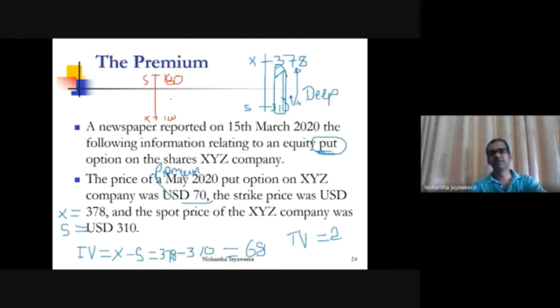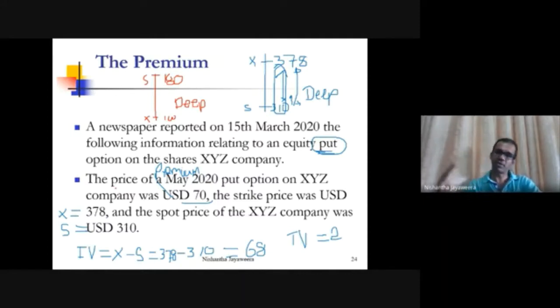Whether a difference of 80 is far away or not depends on the market movements or the price volatility. However, if we think this is a substantial deviation from the strike price, then we can say this is a deep in the money option. It can be a put or it can be a call. If the price is far away and towards the in the money side, then we call it a deep in the money option. That can happen for the other side as well.